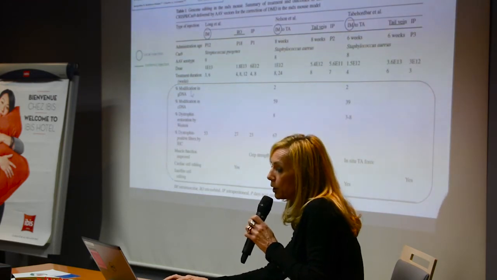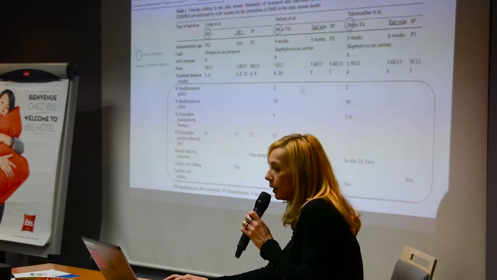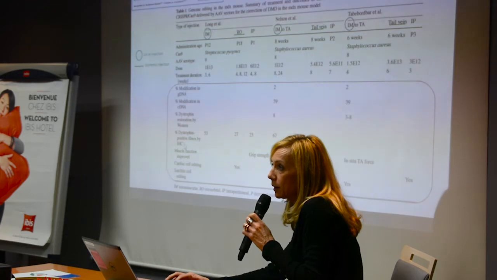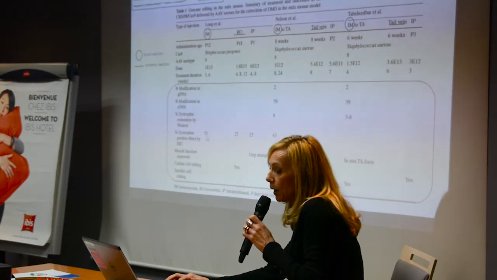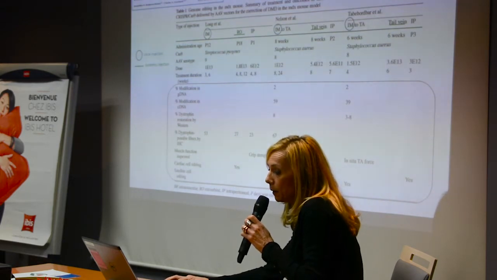You have the percentage of modification at the genomic level, which is quite low, but when you go to the dystrophin positive fiber investigated by immunofluorescence, you can see here that you have more than 25% of dystrophin positive fiber in skeletal muscle.